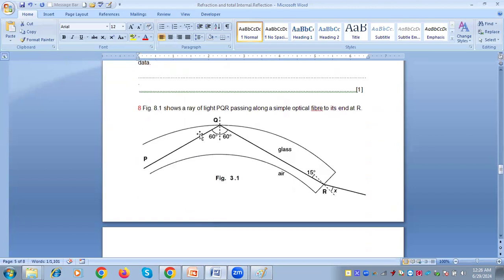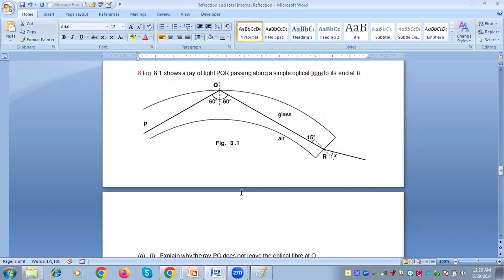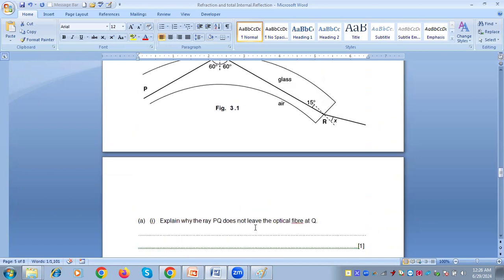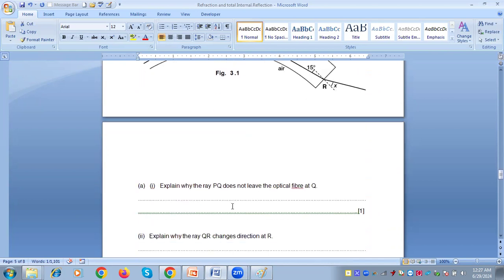This is question number 8. The ray of light PQR. Here you have to calculate X. Angle of refraction in glass is 15. This is 60 and 60. Explain why the ray PQ does not leave the optical fiber at Q. Again, because it undergoes total internal reflection.